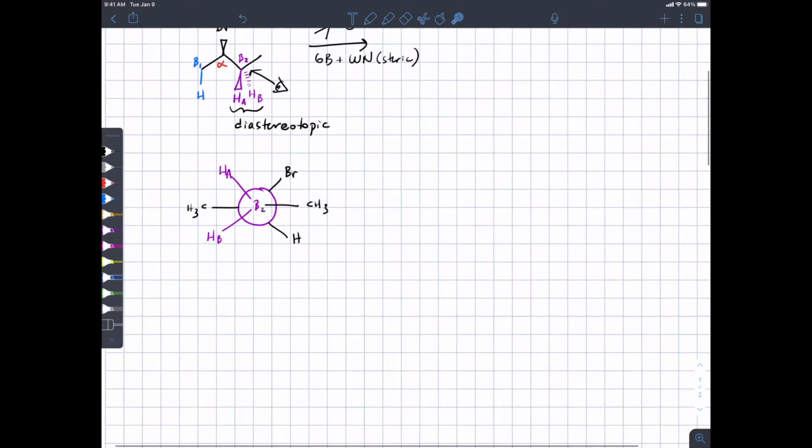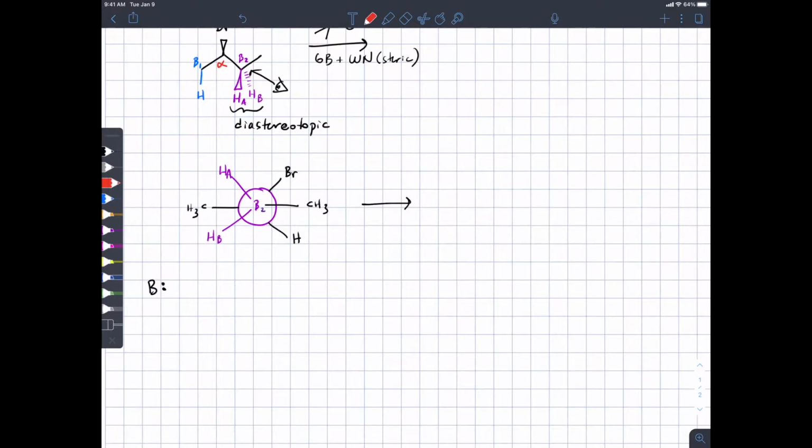One of the reasons you can tell this is the case is imagine elimination from this conformation of the two protons, which is competent or ready for E2 elimination. Is it HA or is it HB? HB. Why?